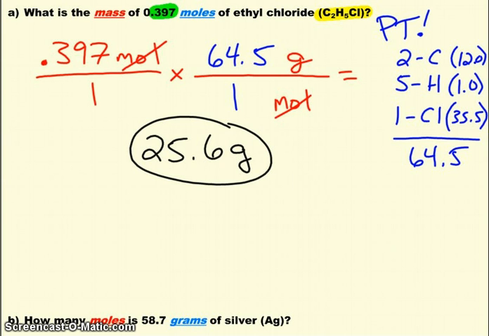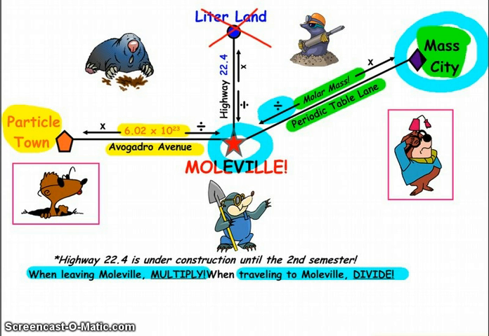Now if you're going to use the map to Moleville, that's fine. The way that looks, if we look back at our map, I've got 0.397 moles. I want to get to mass. So what that tells me is I'm going to multiply by molar mass. That's how I get from moles to mass.